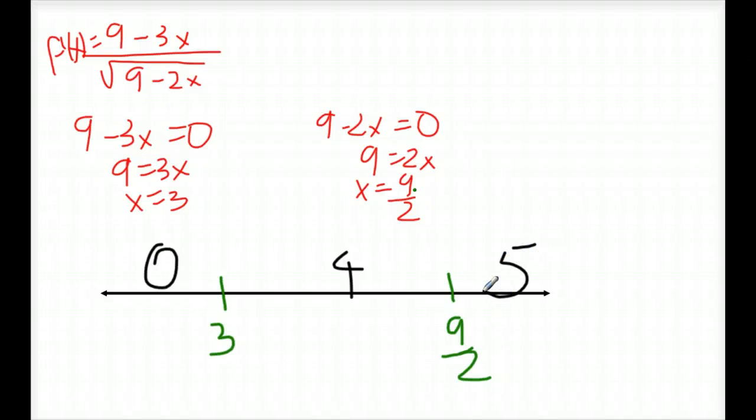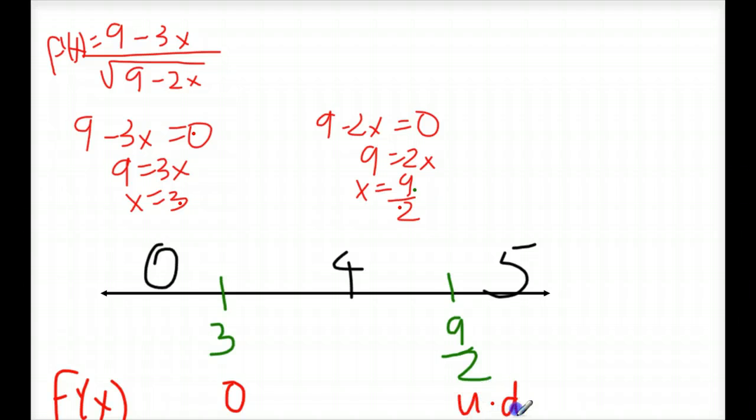Alright, so let's take a look and see what happens. I know my derivative is 0 when the numerator is 0, x is equal to 3, and undefined when the denominator is 0, x is equal to 9 halves. So let's test these points. If I plug in 0, on the top I'm going to get a positive. On the bottom, I'm also going to get a positive number.